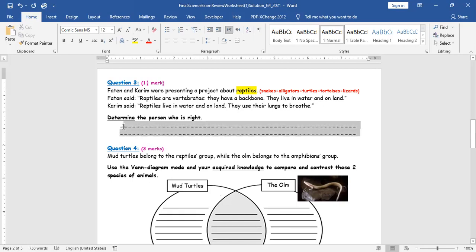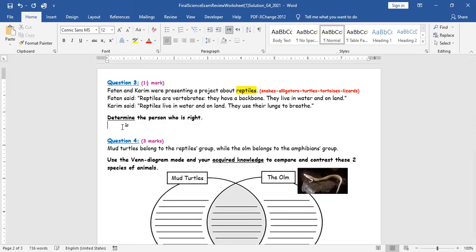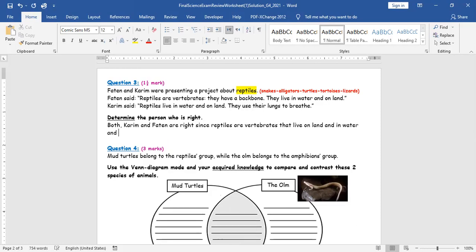In here, you should say that both Karim and Fatin are right, since reptiles are vertebrates that live on land and in water and breathe with their lungs. You can simply say that they said correct information. No one said anything wrong.